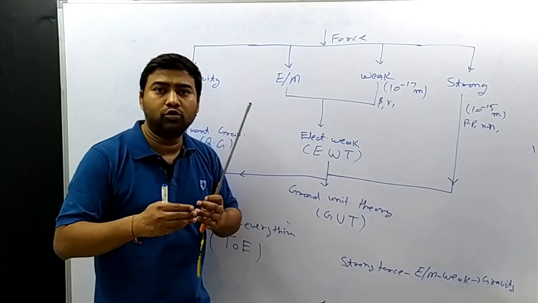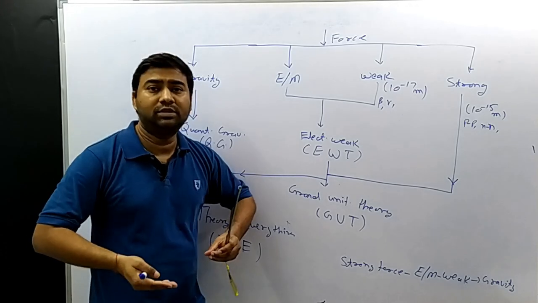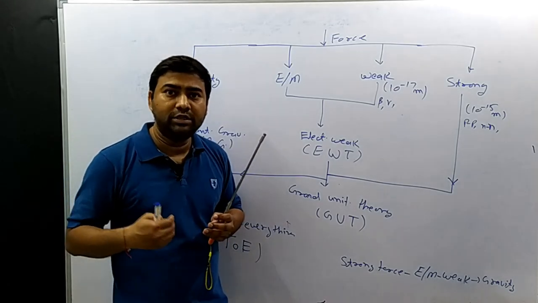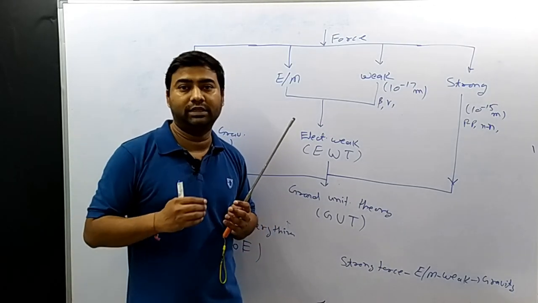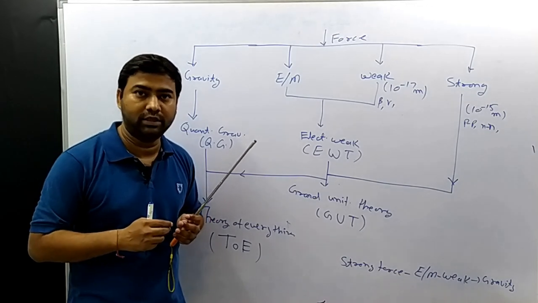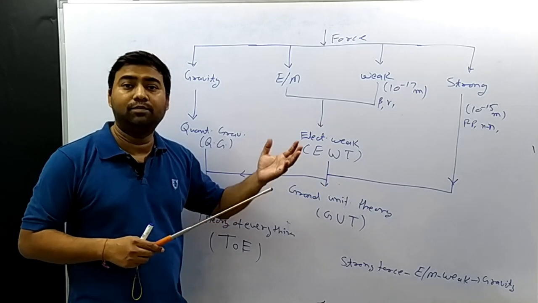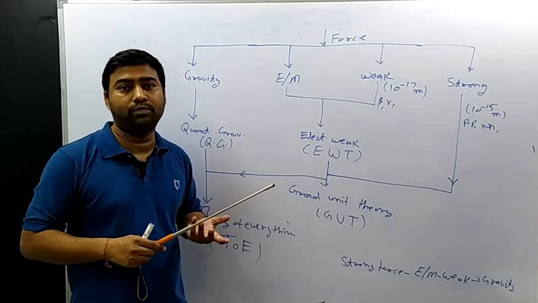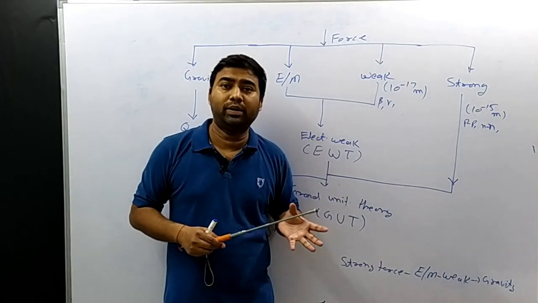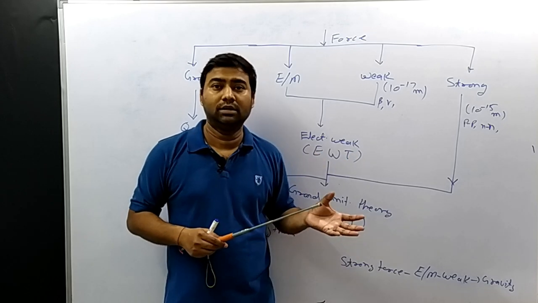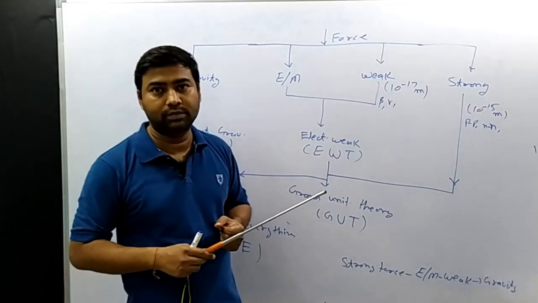So it acts in a very short range, and because of this weak nuclear force, emission of beta, gamma particles, that is, radioactive decay of the nucleus, takes place. This weak nuclear force is created by the interaction of boson particles. We will not go into the details. So the interaction of these boson particles is responsible for creating this weak force.